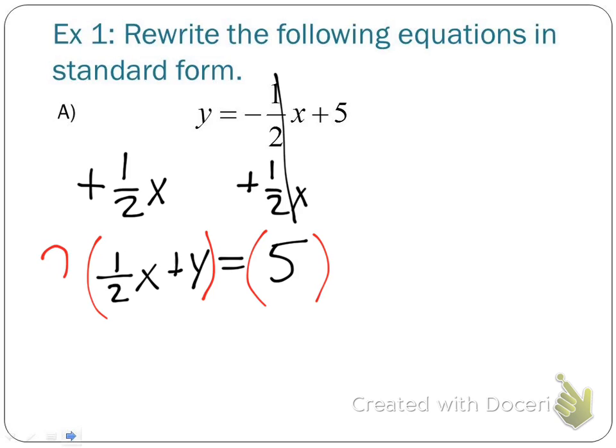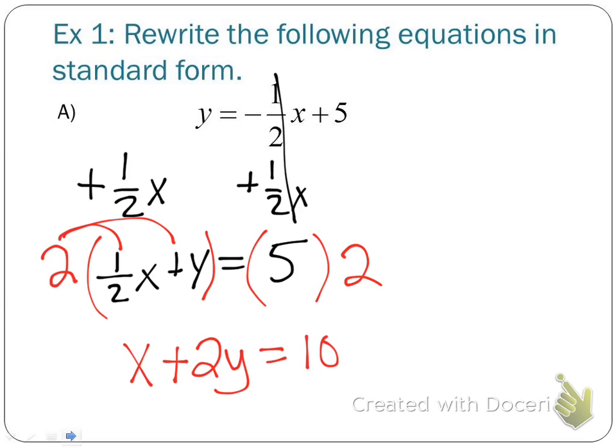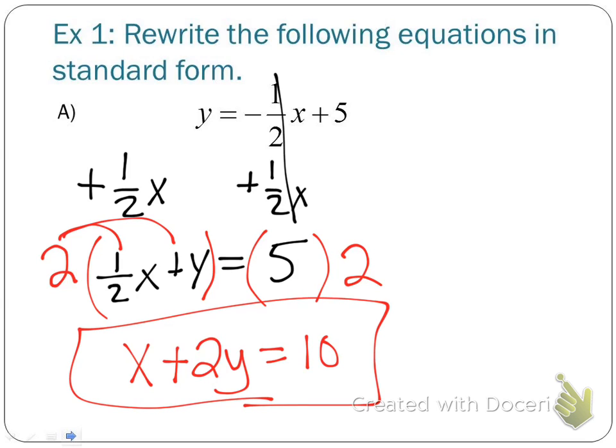So if I multiply by 2, the fraction's going to go away, but whatever you do to the left side of an equation, you have to do to the right side as well. So that would give us 2 over 2x, which is just 1x, plus, you got to multiply that whole left side, so 2y equals 10. Now we're in standard form. You have your x term, you have your y term, your equal sign, constant, no fractions, no decimals, no negative in the front. Boom. Questions?